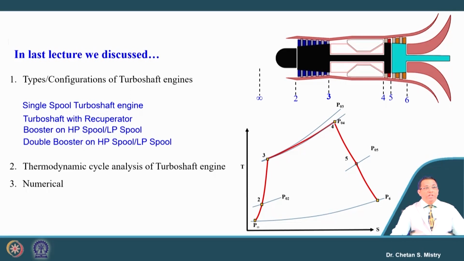Then we discussed 8 different configurations for the turbofan engine. Then we started discussing configurations related to the turboprop engine, and in this week we are discussing the turboshaft engine. This turboshaft engine has its main application in helicopter engines.